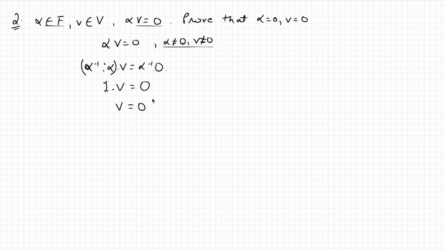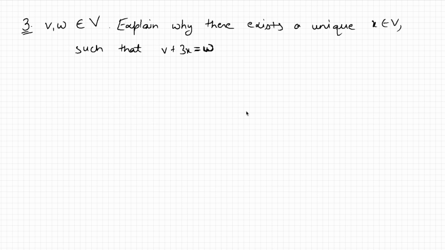So by contradiction we have proved that if alpha V is 0, then V has to be 0. Okay. So the next question is that given V and W, which are elements of a vector space, we have to prove that there exists a unique X, also belonging to the same vector space, such that this condition is satisfied.